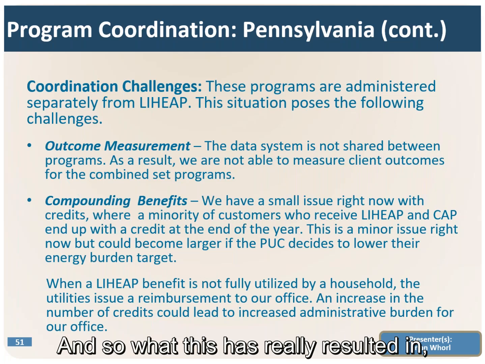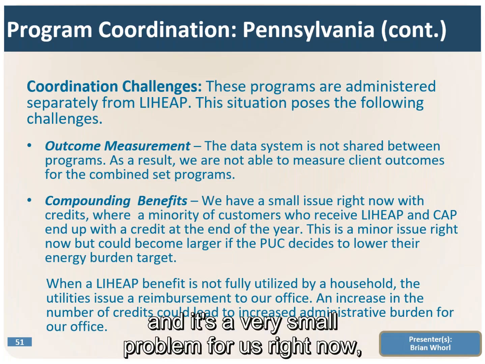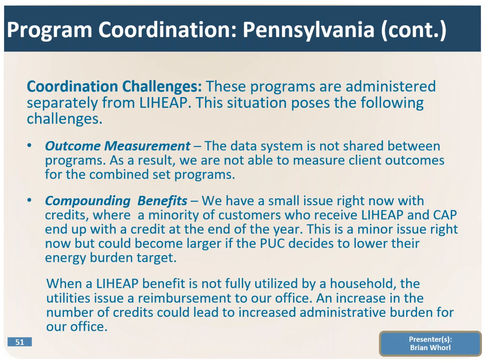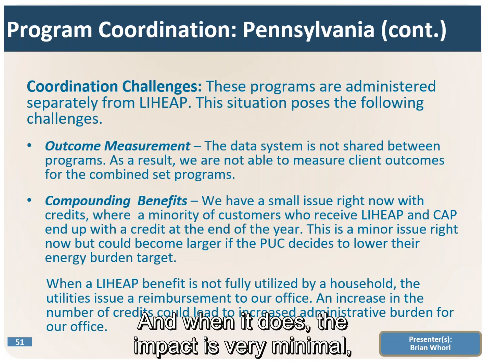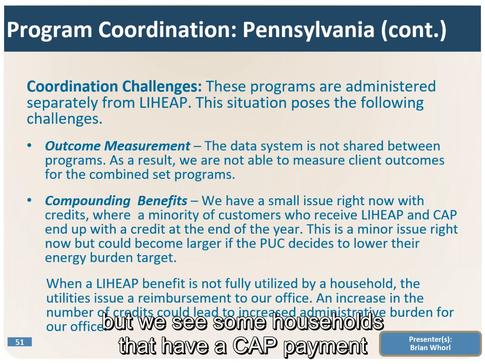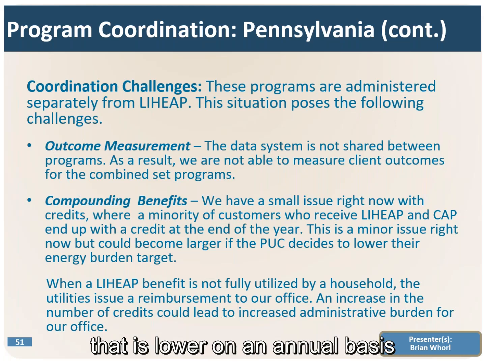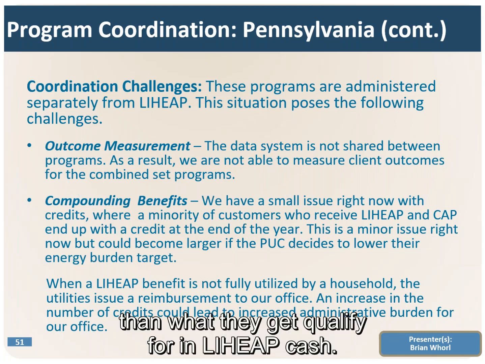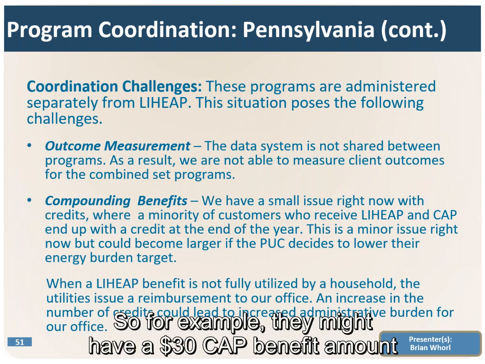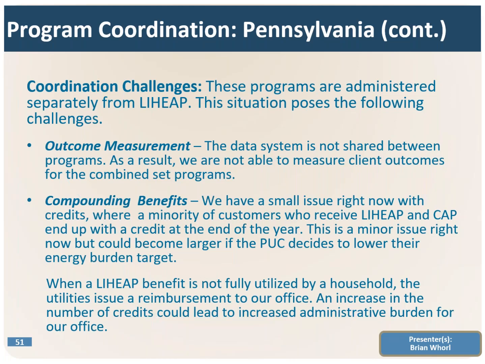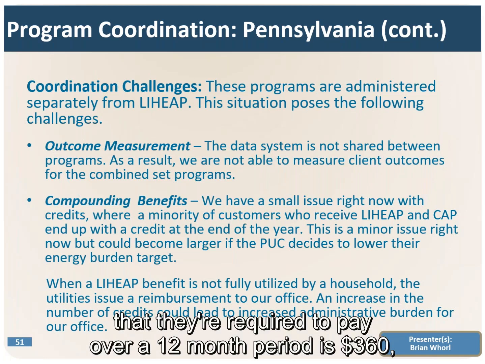And so what this has really resulted in, and it's a very small problem for us right now, it rarely happens, and when it does, the impact is very minimal. But we see some households that have a CAP payment that is lower on an annual basis than what they qualify for in LIHEAP cash. So for example, they might have a $30 CAP benefit amount that they're required to pay.